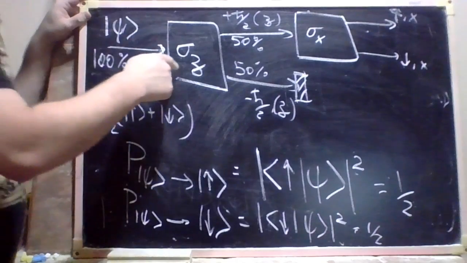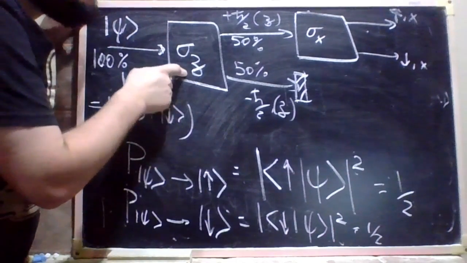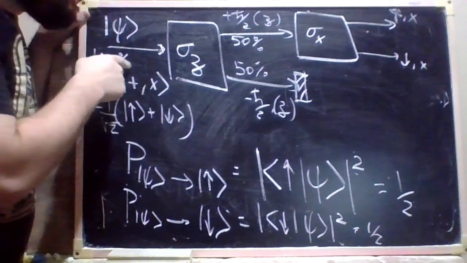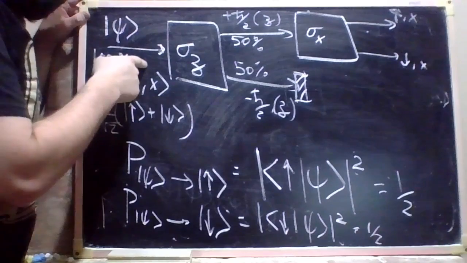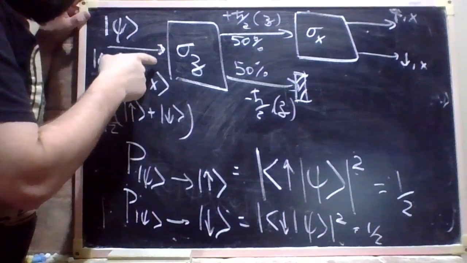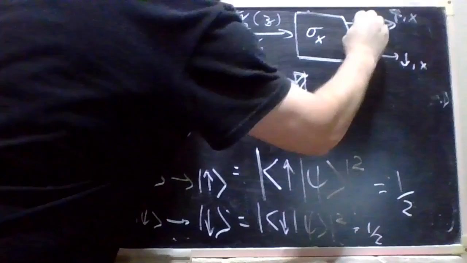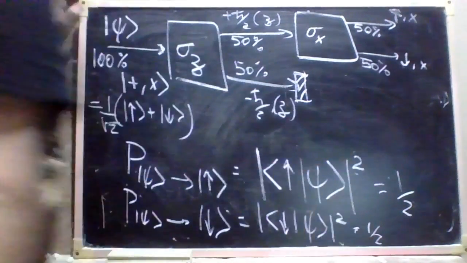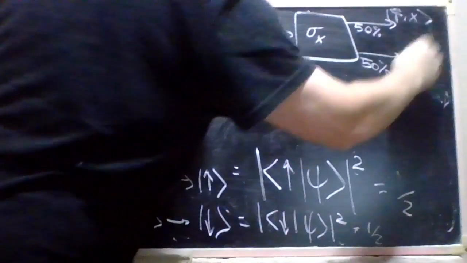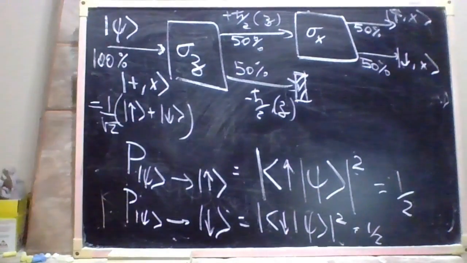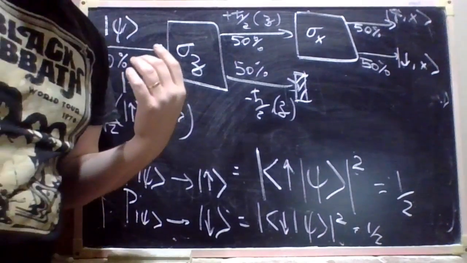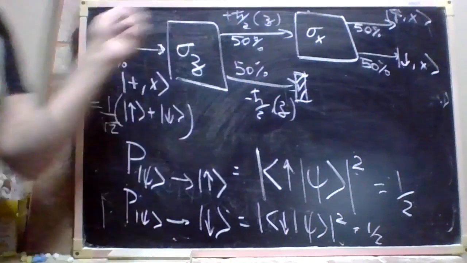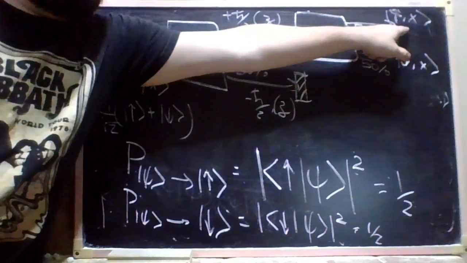So when you measured sigma z, the spin in the z direction, you completely destroyed the previous information. And in this case, you will find a 50-50% chance of finding the up state or down state in the x direction. Classically, you would expect to find 100% here because you initially prepared the state in that condition.